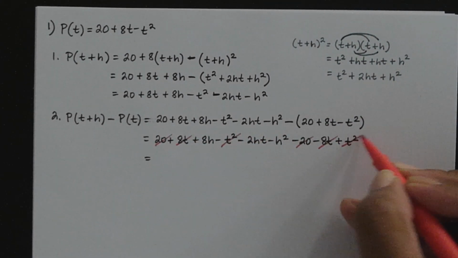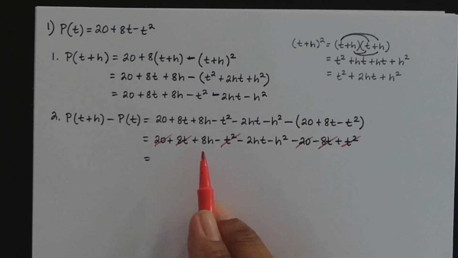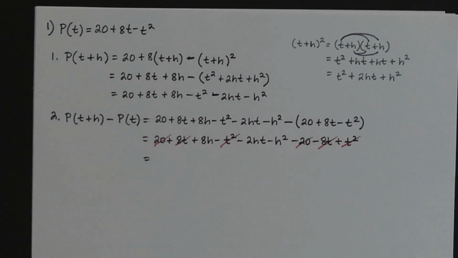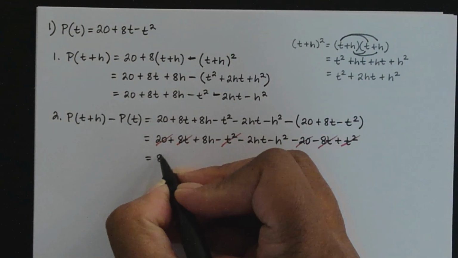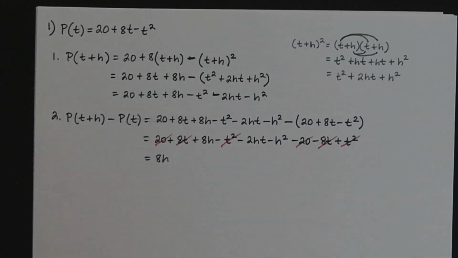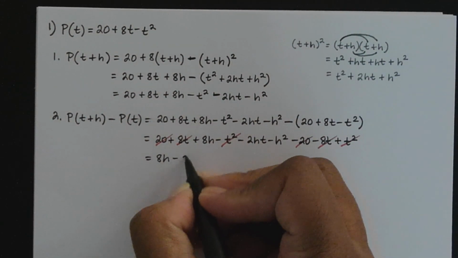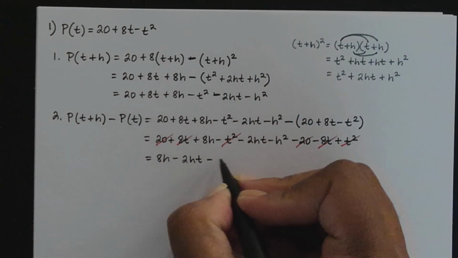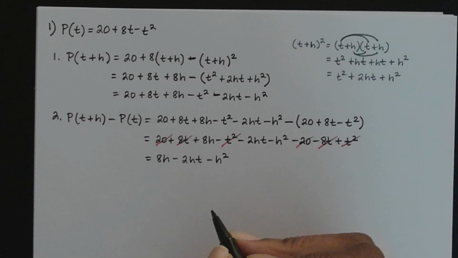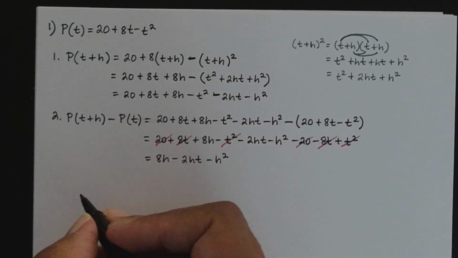Minus T squared and plus T squared, that's gone. You should only be left with terms that have an H in them. So this will simplify as 8H minus 2HT minus H squared. So that's step 2.